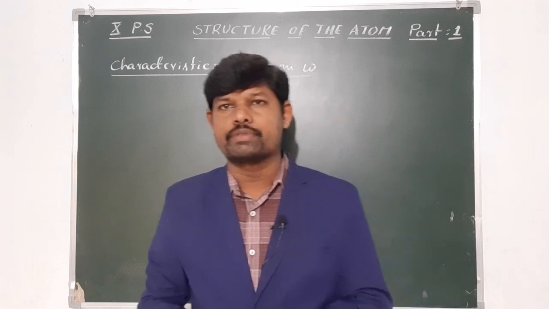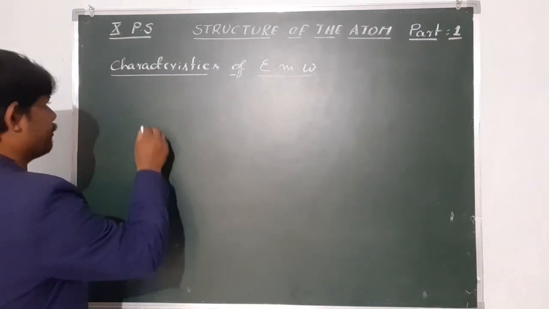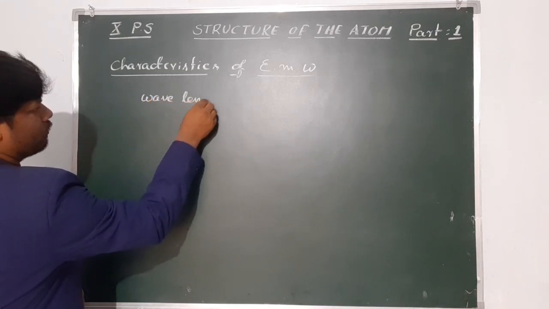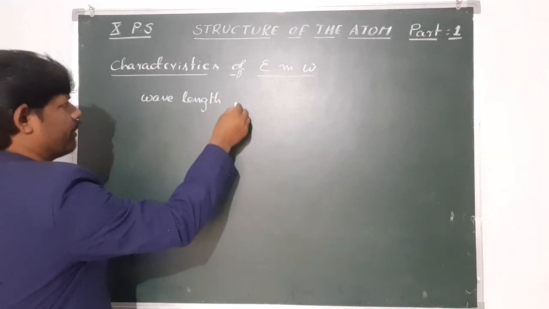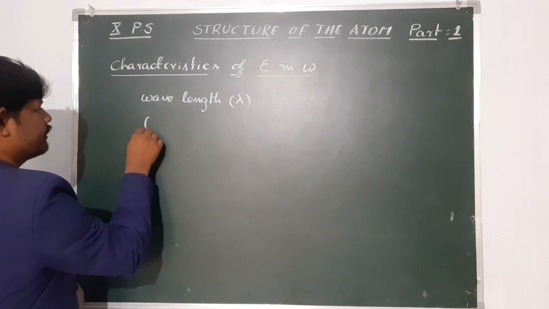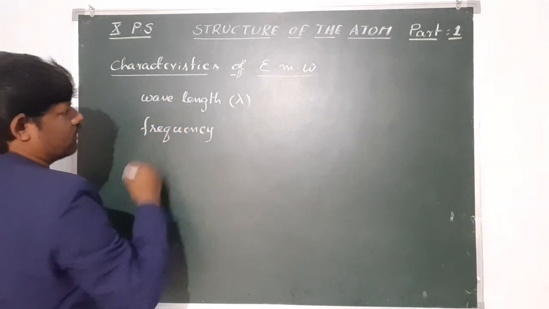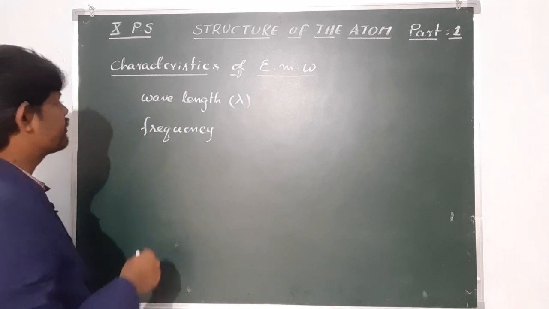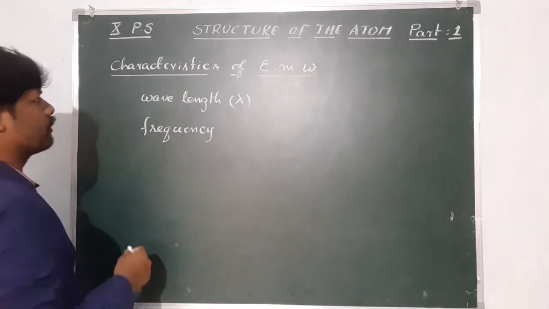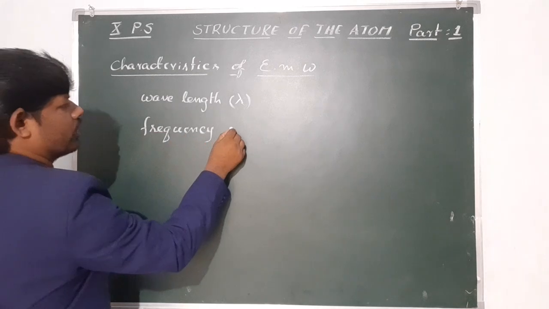Like ocean waves, an electromagnetic wave is also characterized by wavelength, denoted by lambda, and frequency, nu.